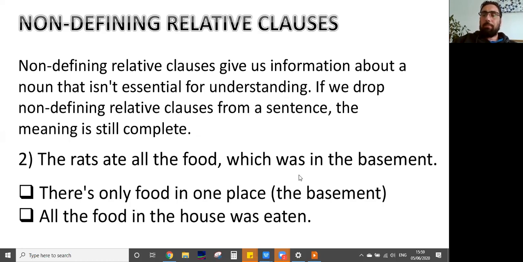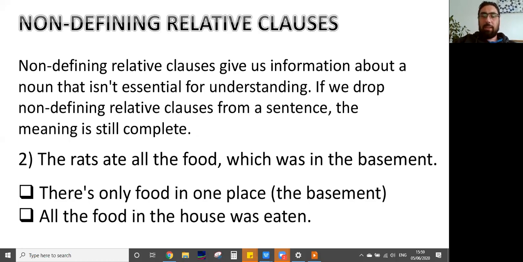We don't need it. So which was in the basement is extra information, because we know that the rats ate all of the food. There's only food in one place and all the food in the house was eaten. So if we drop this information, it will not change the meaning whatsoever.